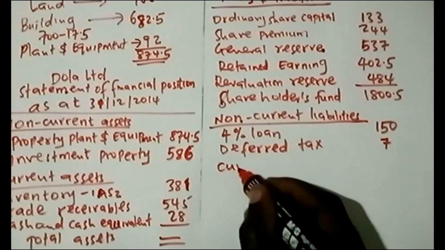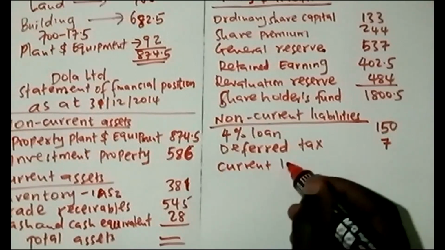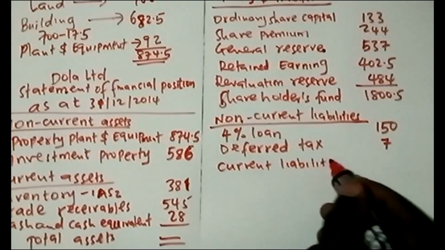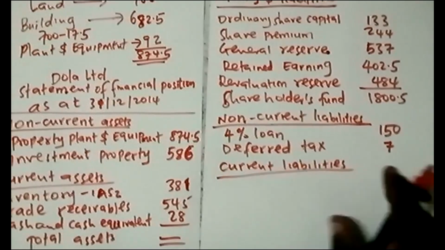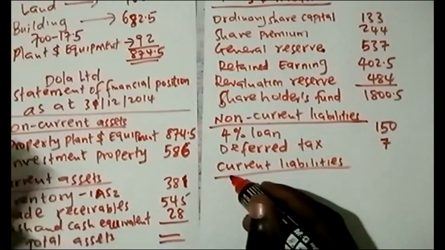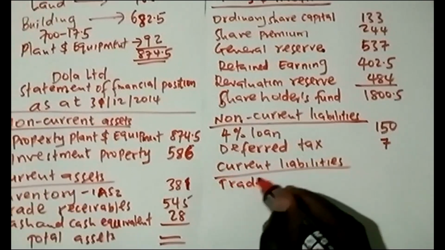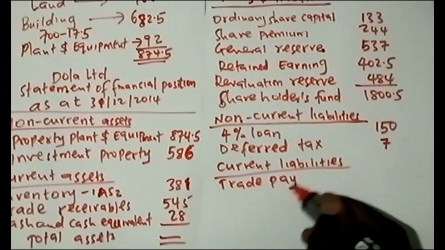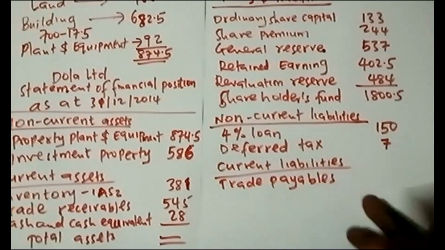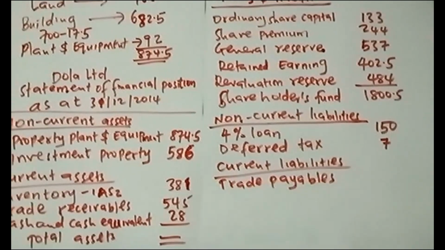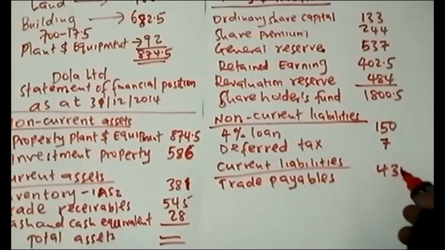Then let us finish with the current liabilities. Trade payables: this one is from the trial balance directly. You just copy from the trial balance. You can check, it's 434. Then we have 2 things which are remaining.